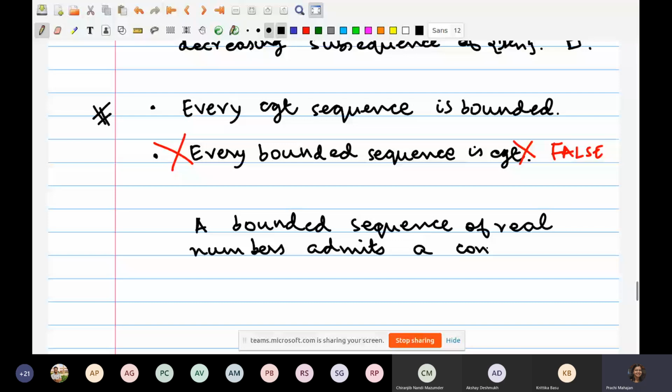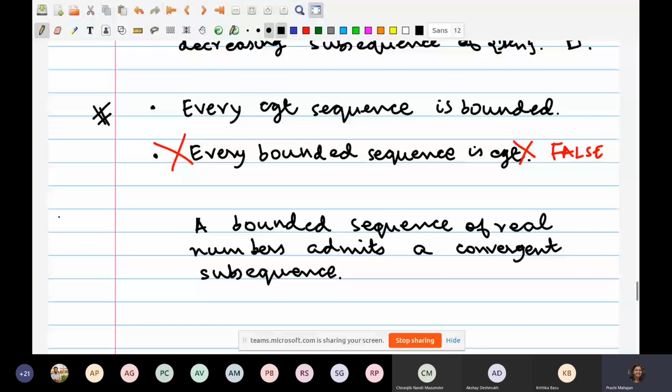The sequence itself may not be convergent, but some subsequence of this bounded sequence is always convergent. Is that okay? So this is a theorem.